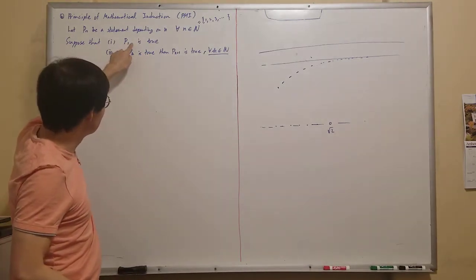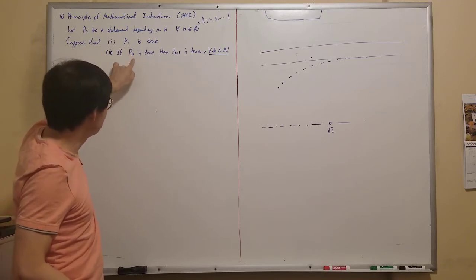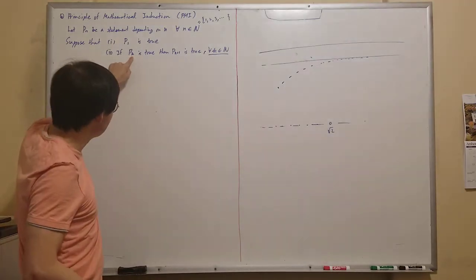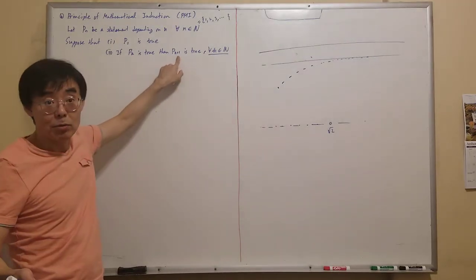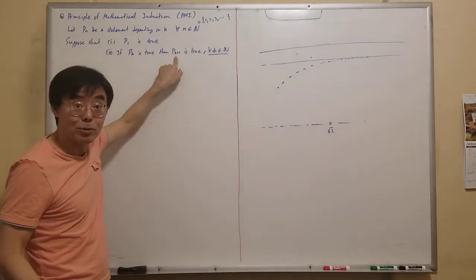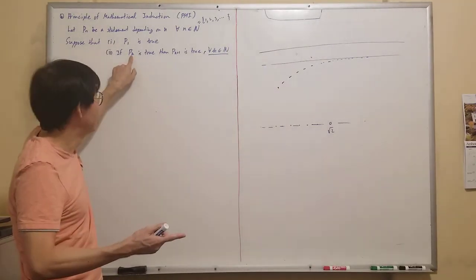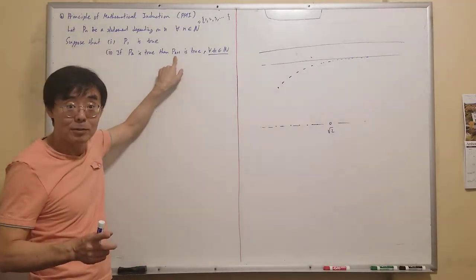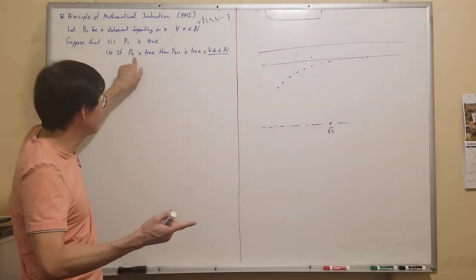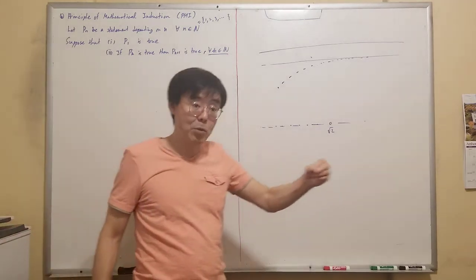We found that P1 is true. According to the second condition, because P1 is true, P2 must be true. Therefore, P2 is true. Because P2 is true, P3 must be true. Now k equals 3. Because P3 is true, P4 must be true. Now using k equals 4, because P4 is true, P5 must be true. What do you see? It keeps going forever.